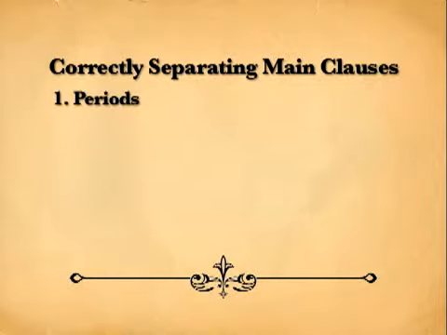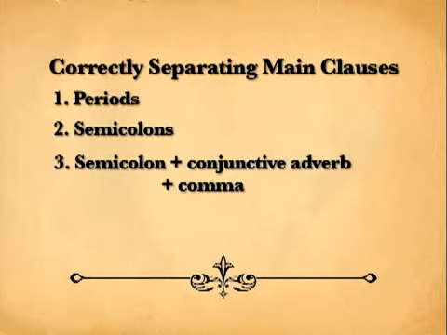You can separate or join two complete sentences a few different ways. You can completely keep the sentences separate by using a period and a capital letter. You might use a semicolon. Again, this is going to show a relationship between two sentences. It's not going to be used very frequently. You could use a semicolon, a conjunctive adverb, like however, and a comma.